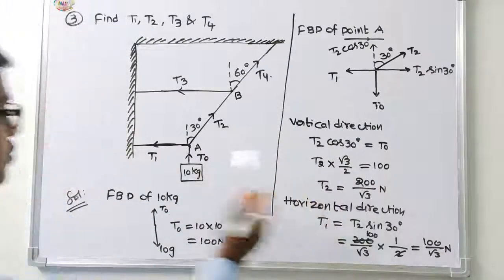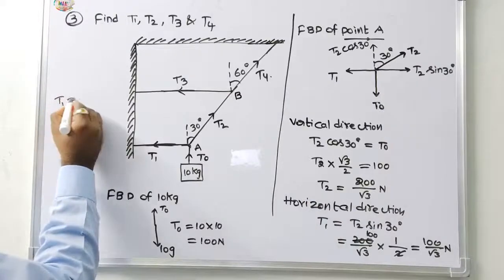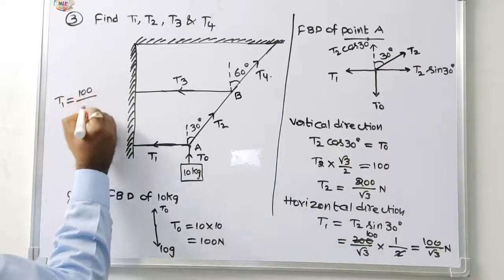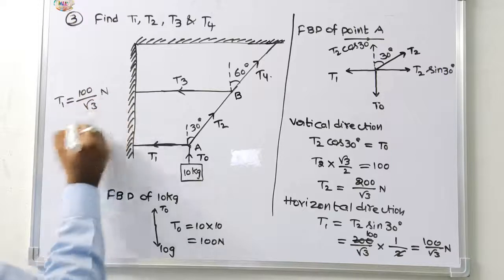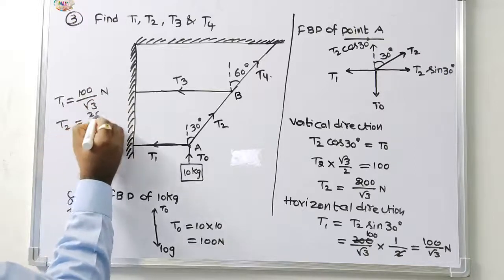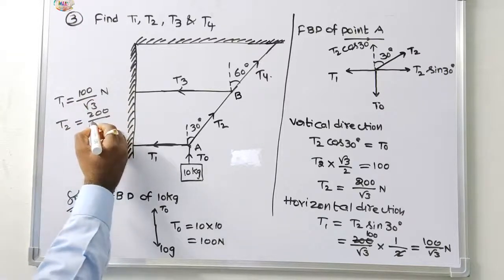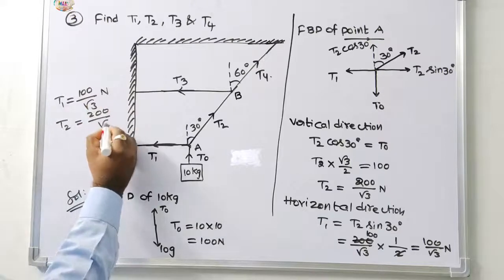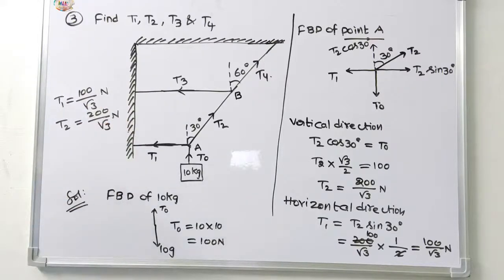First write these two values: T1 is equal to 100 by root 3 Newton, and T2 is equal to 200 by root 3 Newton. This is the free body diagram of point A. Next, find the free body diagram of point B.